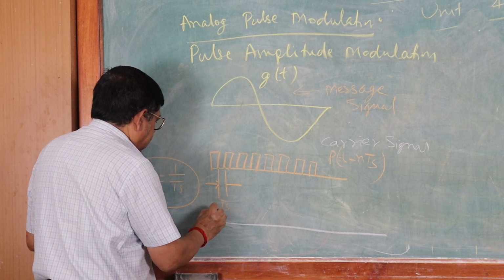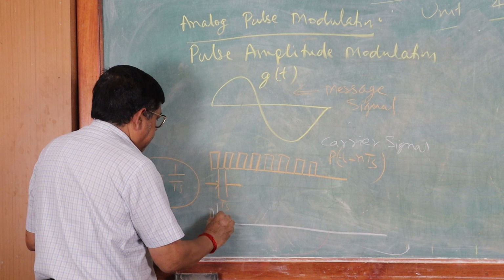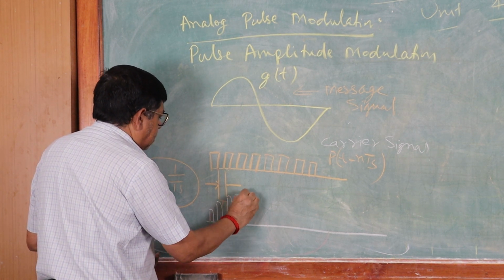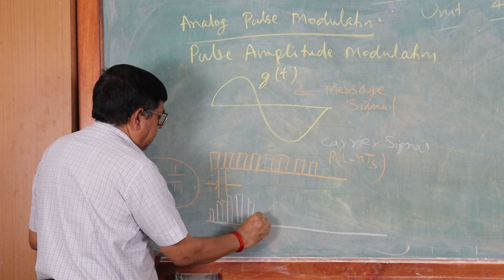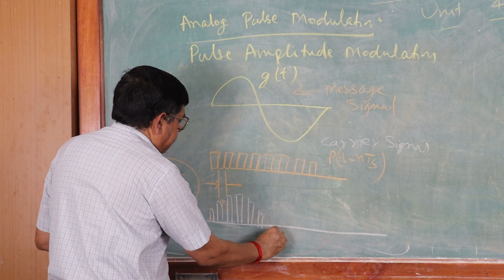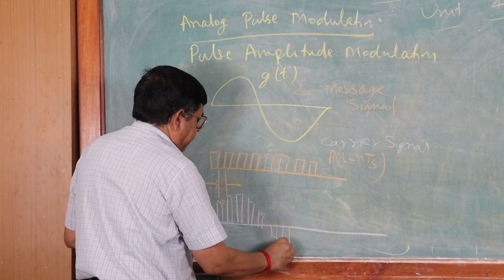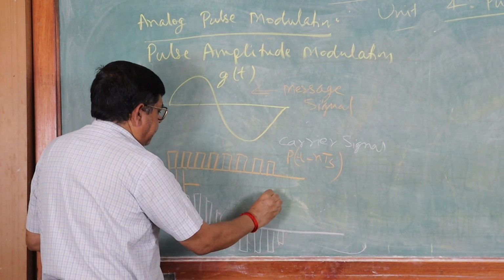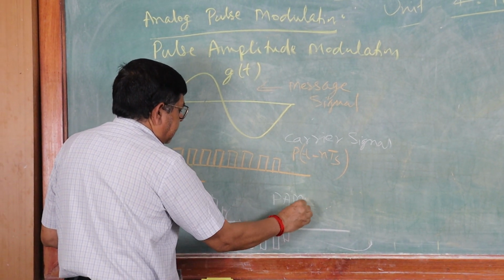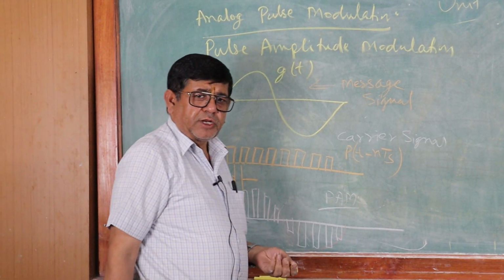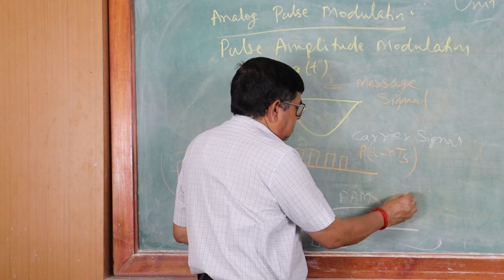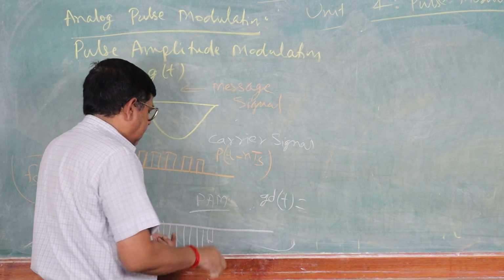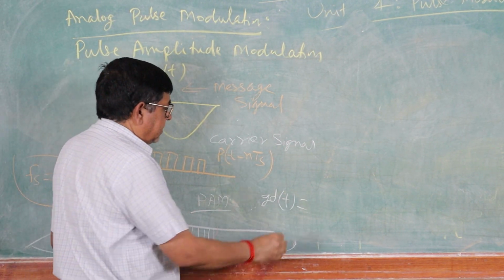This is the pulse amplitude modulated signal, PAM in short. If we want to write it mathematically, suppose g delta t is the PAM signal. So what will be the equation?